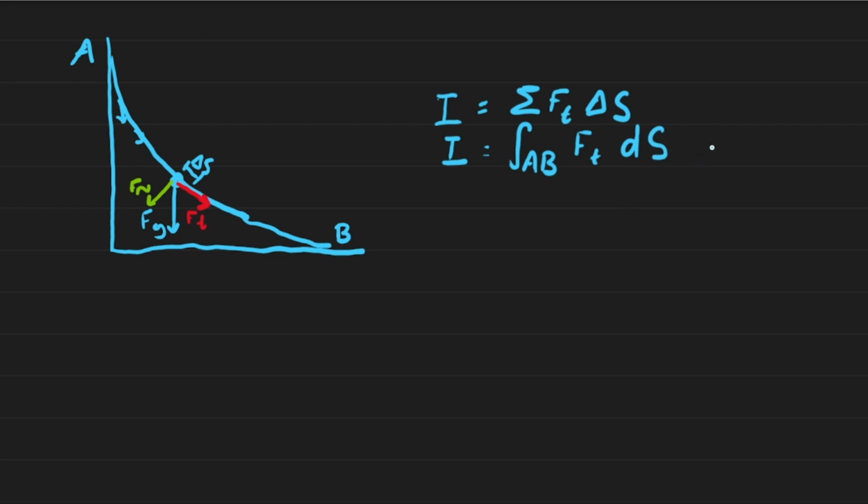So this is the line integral. When we speak about a line integral, we're talking about this integral of some function along a certain curve or along a certain distance between 2 points A, B. So this is our definition of an integral.